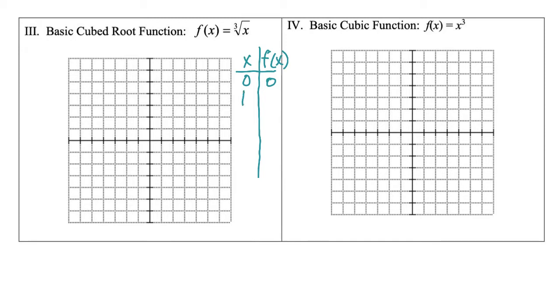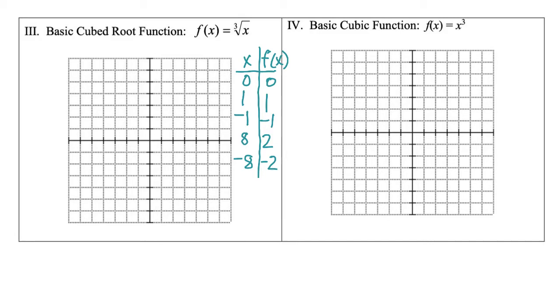We're going to plug in a 1, and the cube root of 1 is 1. Negative 1, cube root of negative 1 is negative 1. And we need something we can take the cube root of, and that's going to be 8. Cube root of 8 is 2. And negative 8. Cube root of negative 8 is negative 2.